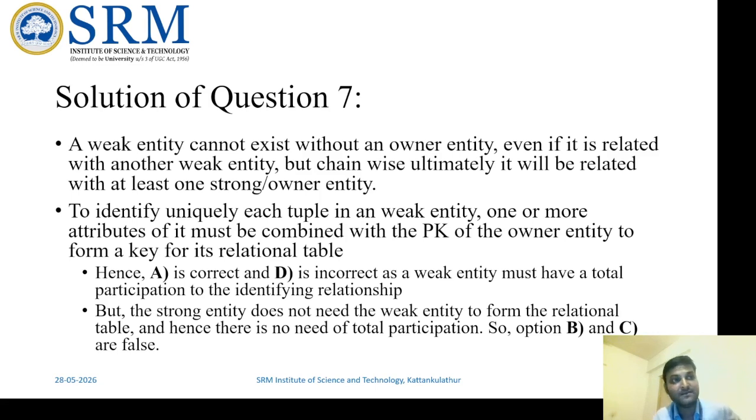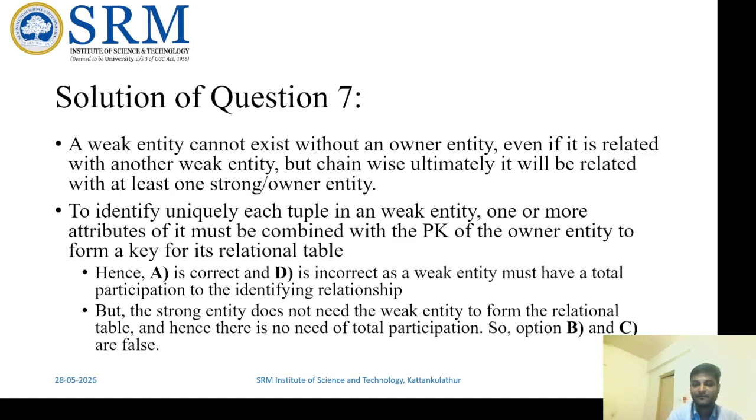And the primary key of the owner entity must be in the table of the weak entity. Okay, but it will never be that the primary key of the weak entity will be in the table of the strong owner entity.